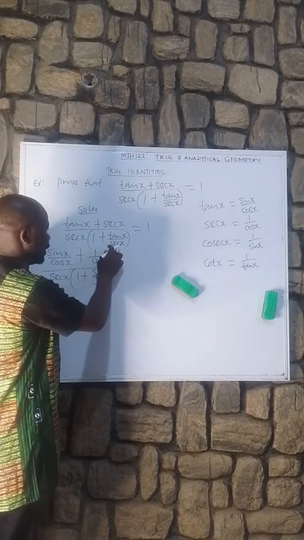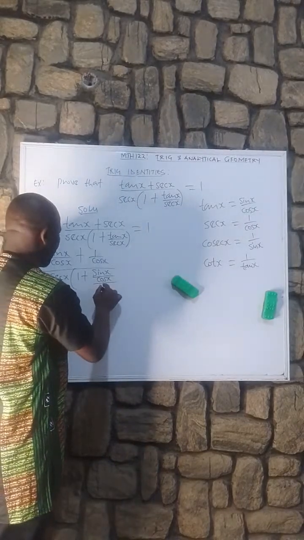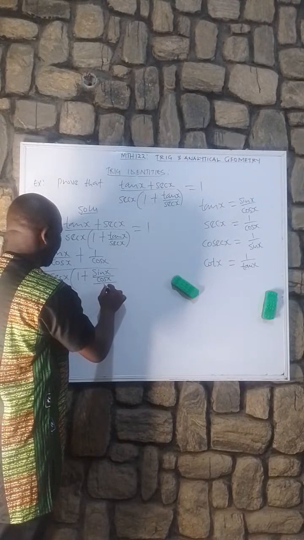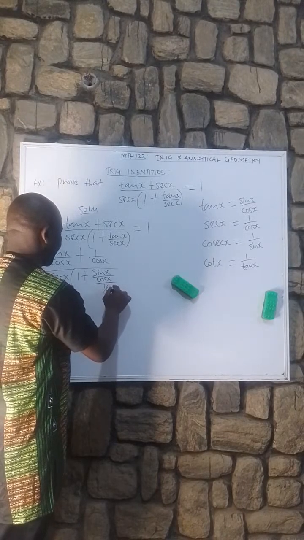Then all over sec x, which is 1 all over cos x. True or false?